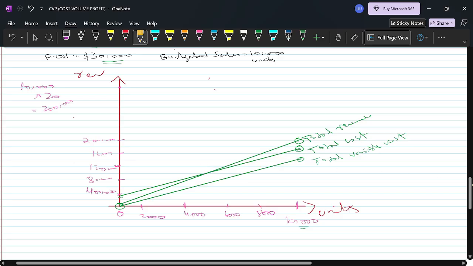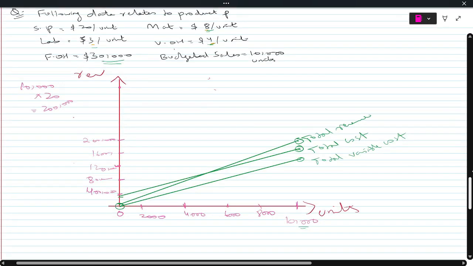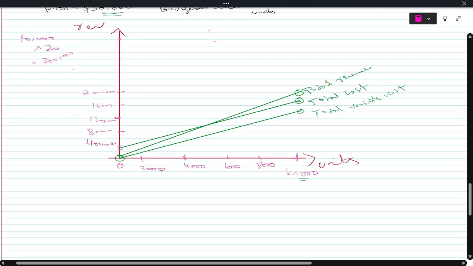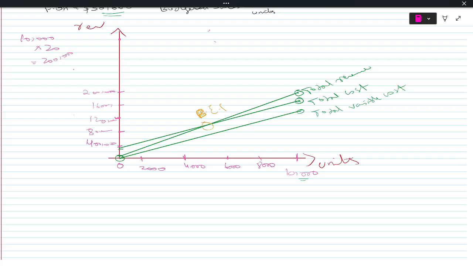Now just some additional information that you need to remember. Just like we learned in the break-even chart, the point where your total revenue and total cost intersect is your break-even point, right? Similarly over here, the point where your total revenue and total cost intersect is going to be your break-even point. So you just extend this line on the x-axis downward and you see what units are there, and those are going to be your break-even units, okay?